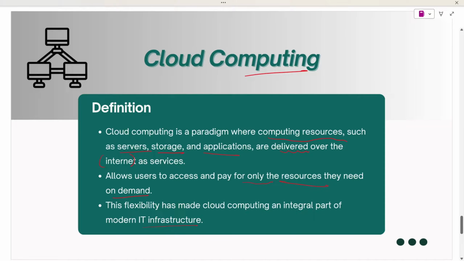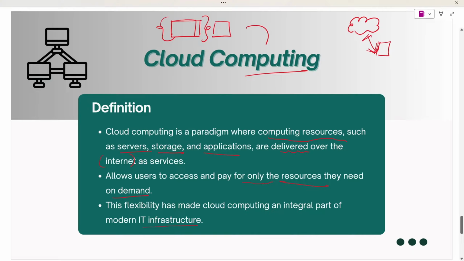So the user can get the resources or any storage or any application related services through the cloud with the help of the internet. He only pays for the resources which he uses. In traditional computing, if you wanted any resources to complete your task, you must pay completely for it to get access.